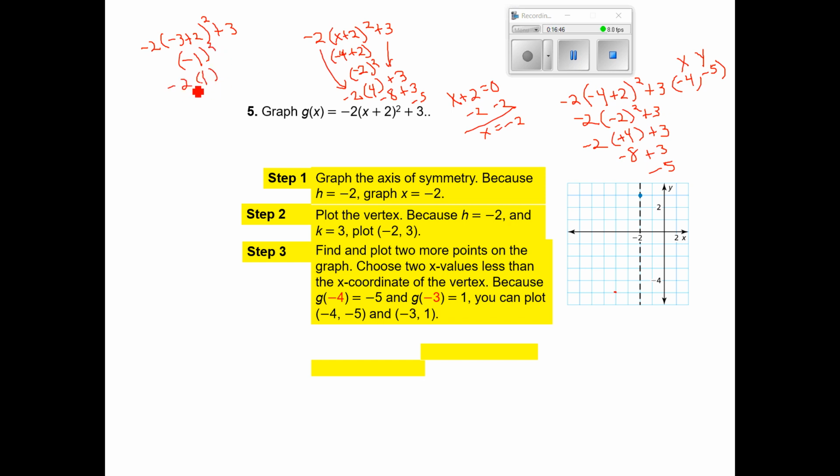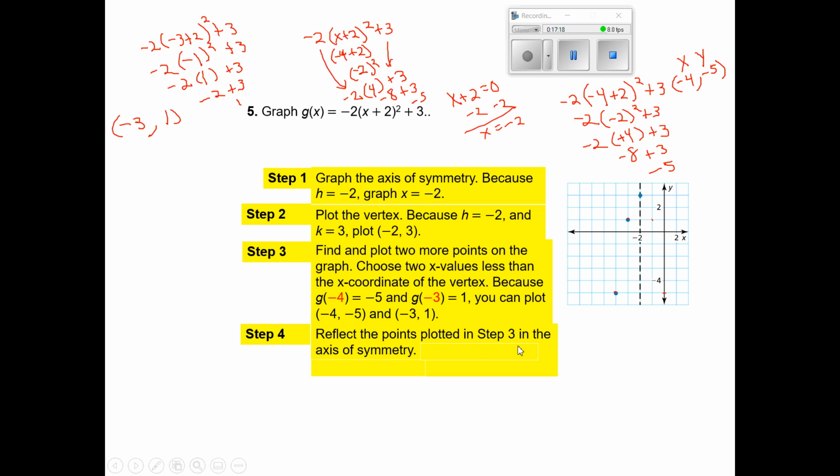So now I've got negative 2 times 1 plus 3. That's going to give me negative 2 plus 3, which gives me 1. So when x is negative 3, y will be 1. So I come to my graph at negative 3, y will be 1. So I'm going to have a dot here, and then one about here. Let's see if that's where it leads me.